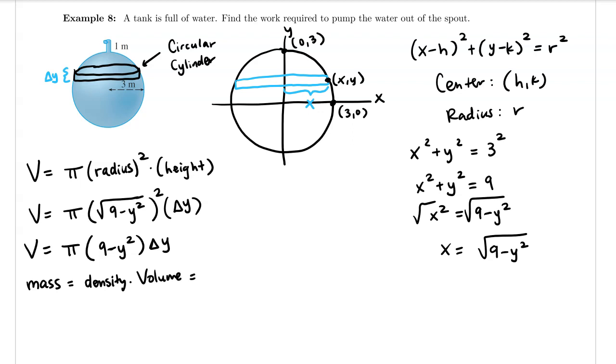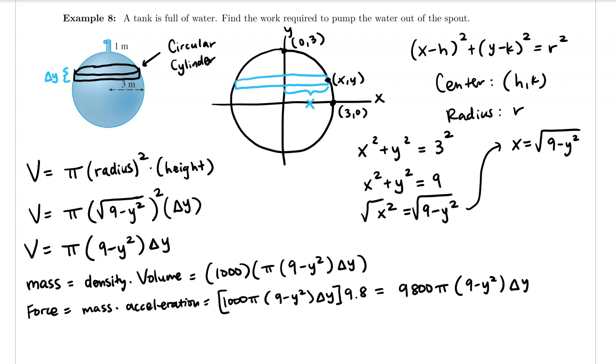And we just found the volume, and we know that the density of water is about 1,000 kilograms per meter cubed. And then I'm multiplying this by pi times 9 minus y squared delta y. And now that we have that, we can move on to calculating the force, which is equal to mass times acceleration.